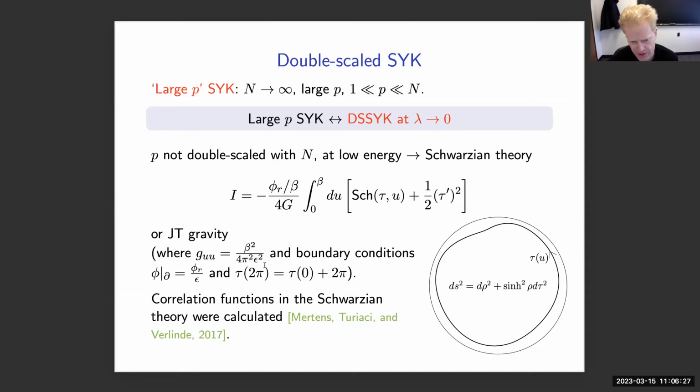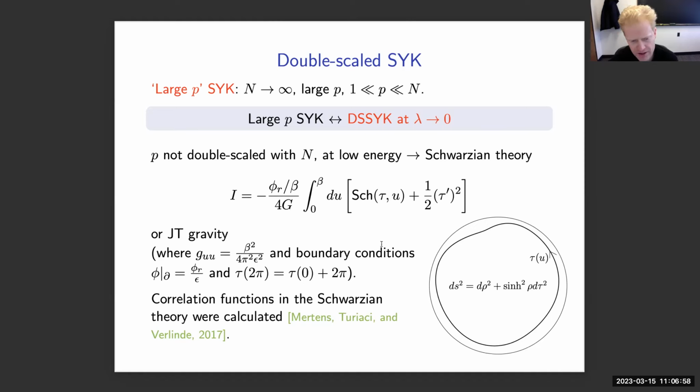It's a function tau of u that satisfies this condition, and the action is just this Schwarzian derivative of tau with respect to u. Another way to think about it is as JT gravity at leading order in the genus expansion, so just a disk, and we have some boundary particle that moves in this disk. Its coordinate is described by tau of u in this metric, where we use the proper time, and it gives basically the same action.